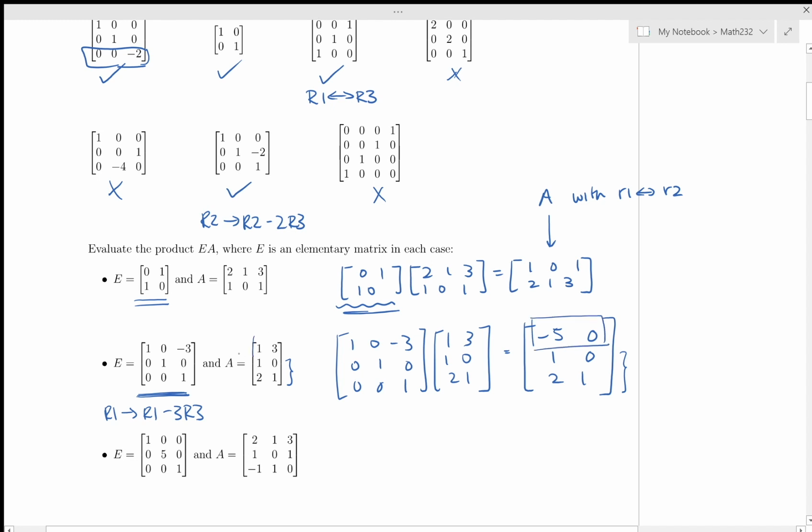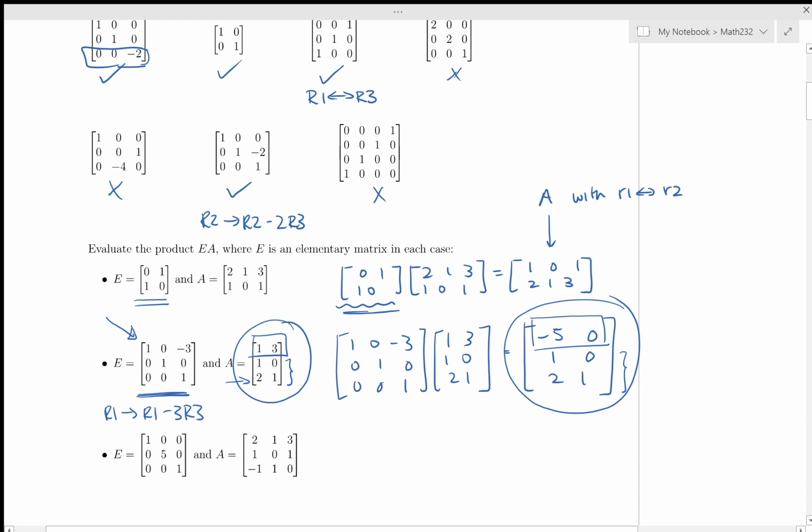This is row 1. If I take that row 1, 1, 3, and I subtract 3 times row 3, this is row 3 here. So I take 1 minus 6, I get the -5, and 3 minus 3, I get 0. So I have taken this matrix A and produced this row equivalent matrix, performing the row operation encoded in this elementary matrix.